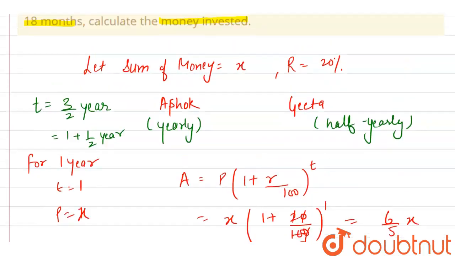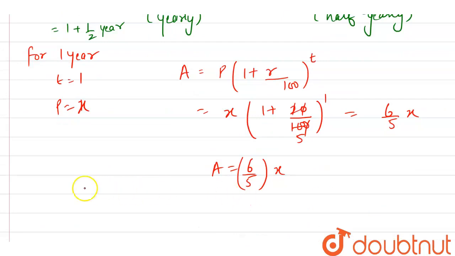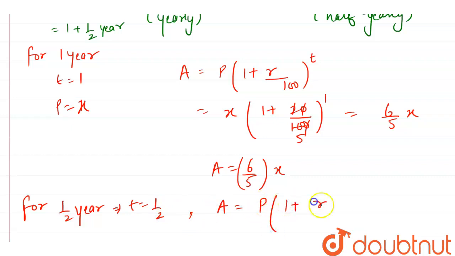But the question says that Ashok is investing for 18 months. So for the remaining half year, we can write the time as t by 2, and for half yearly compounding, A is equal to P into (1 plus R by 2 into 100) whole raised to power t into 2.